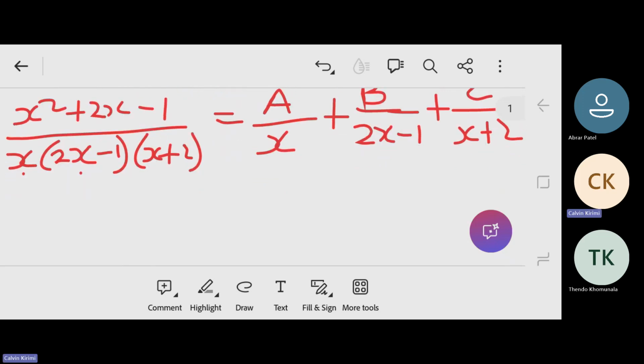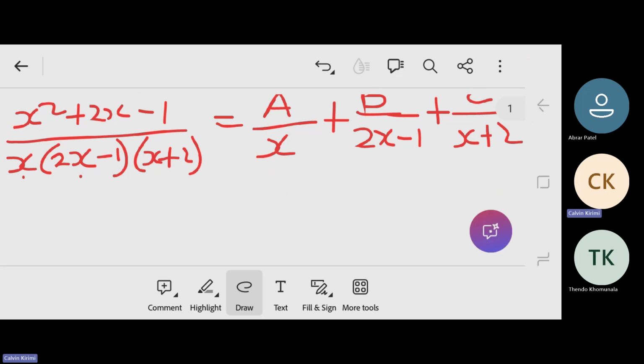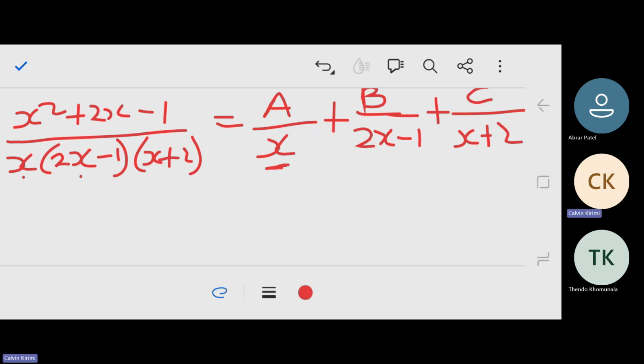In order for us to find the constants A, B, and C, we say that the denominator x goes into this expression how many times? It goes into the expression 2x minus 1, x plus 2.